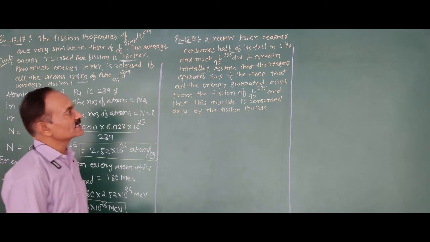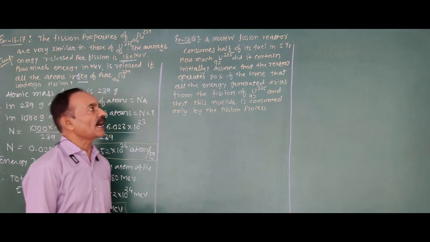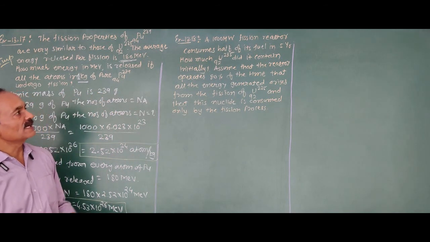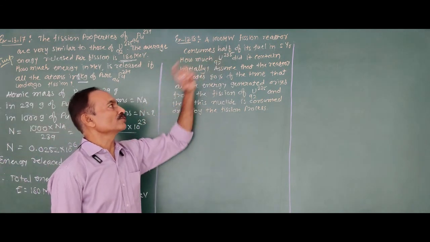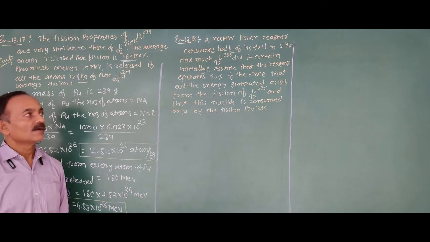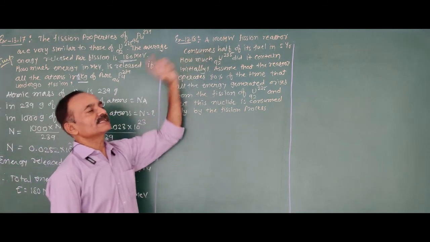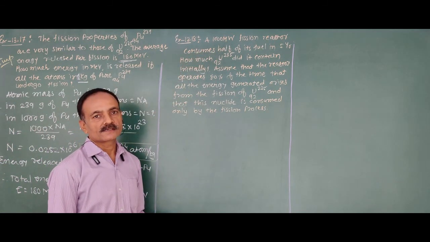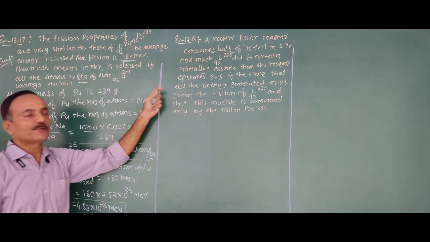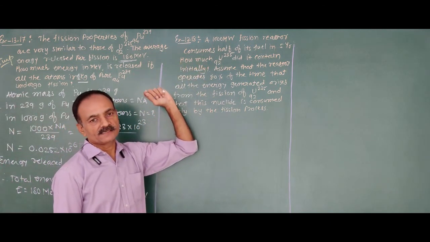A 1000 megawatt fission reactor consumed half of its fuel in 5 years. How much uranium-92-235 did it contain initially? One nuclear reactor is given, and the power is 1000 megawatt. The half of the initial fuel is consumed in 5 years.